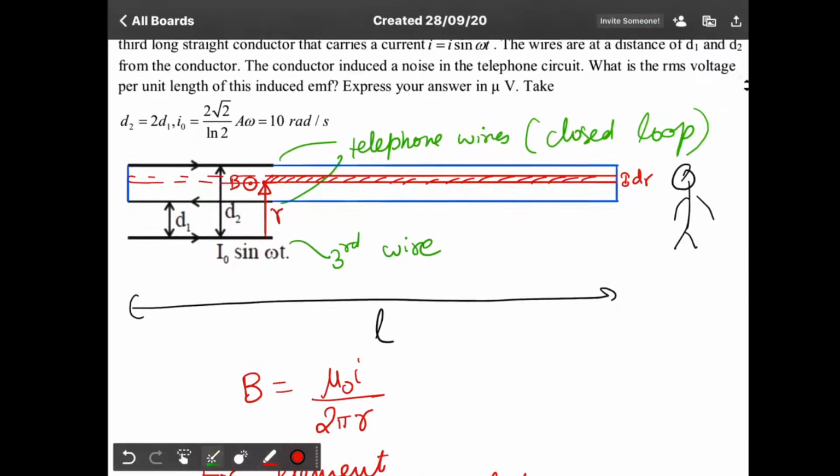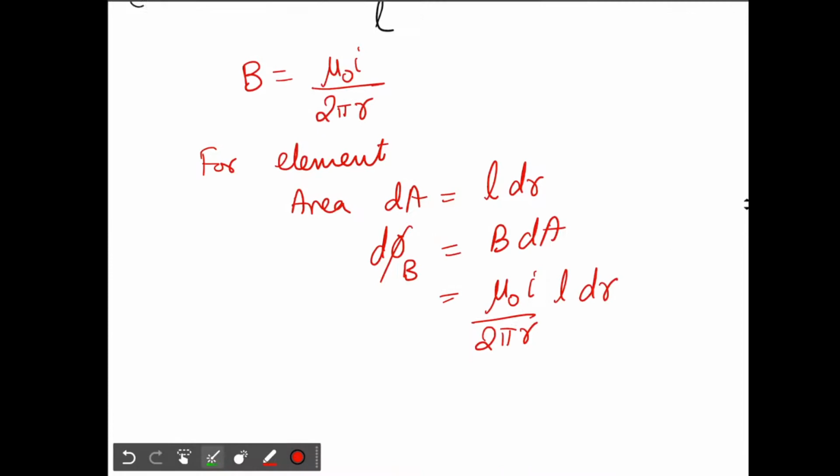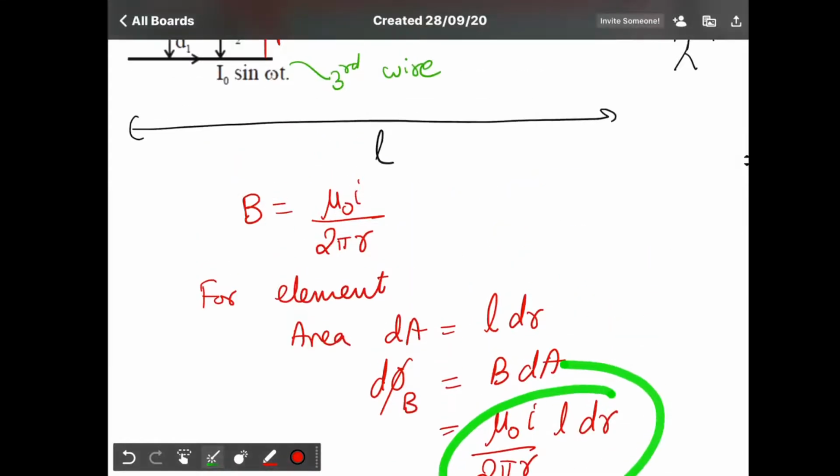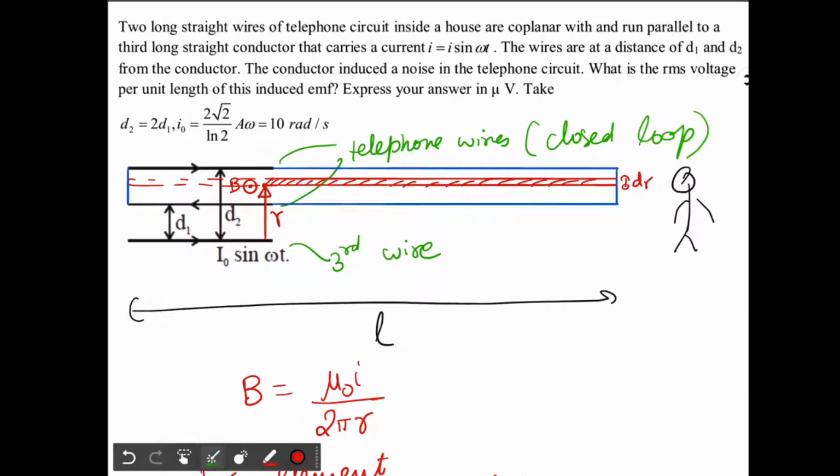To find the total flux through this rectangular loop, I need to integrate this term, with r going from d1 to d2.